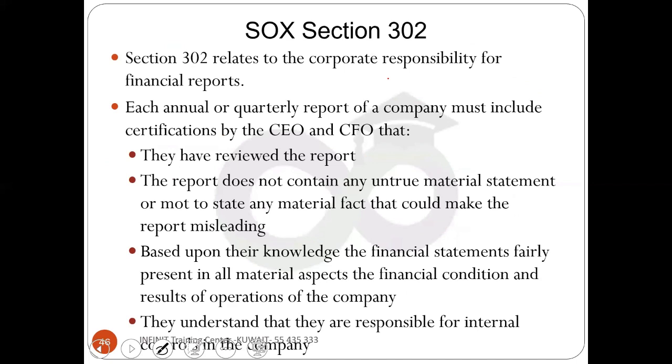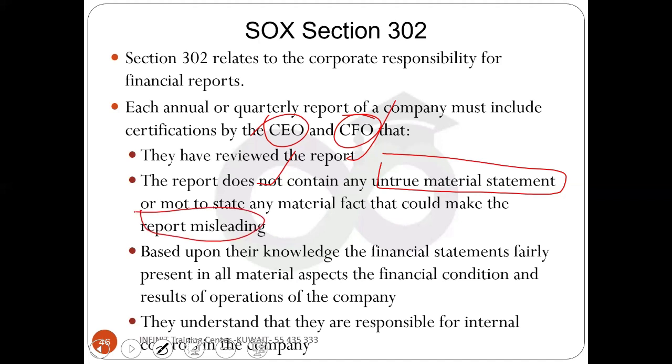Then Section 302 is telling us that each annual or quarterly report of the company must include certification by the CEO and CFO. So they have to specify that they have reviewed the report and that it does not contain any untrue material statement that may mislead.